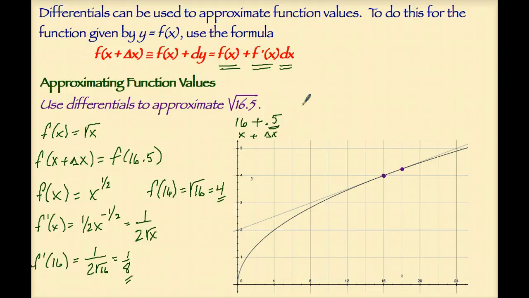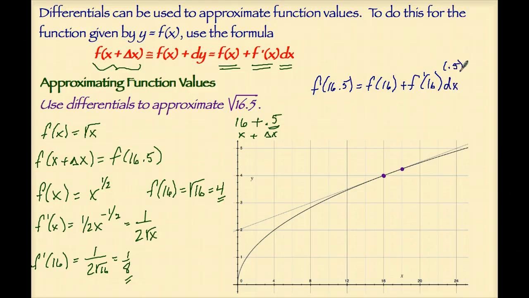Let's use our formula to find an approximation for f of x plus delta x, which is f of 16.5. I'll change colors for dramatic effect. Therefore, f of 16.5 can be found by f of 16 plus f prime of 16 times the differential dx, which actually is 0.5.